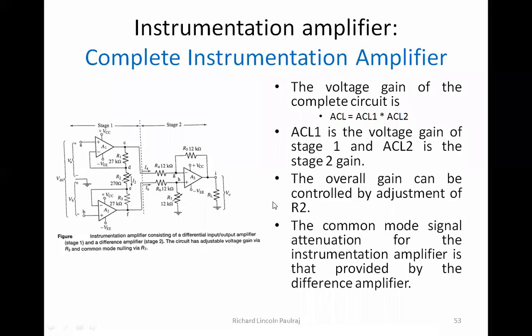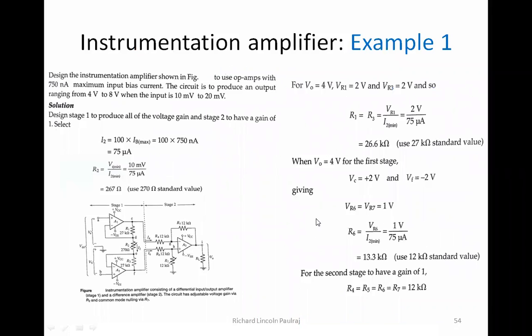You can see that the gain can be adjusted with R2. Today we will look at a few examples based on these equations, so I want all of you to be ready with your calculators, pens and notebooks, so that we'll start working on these problems.